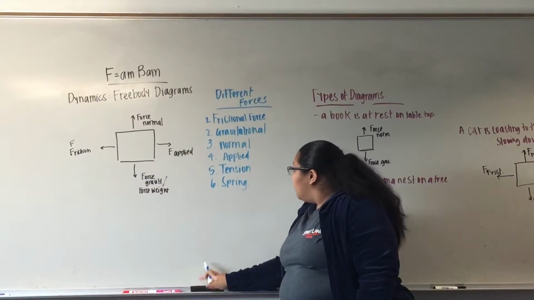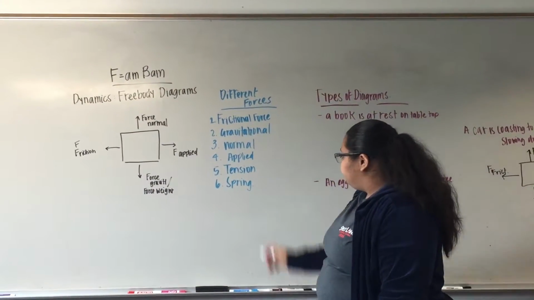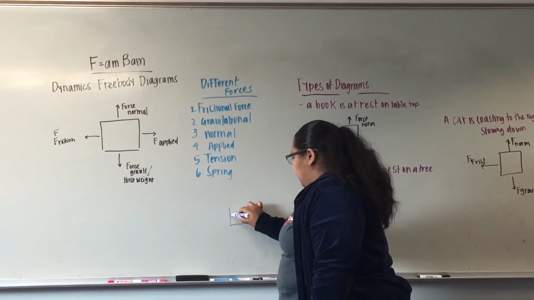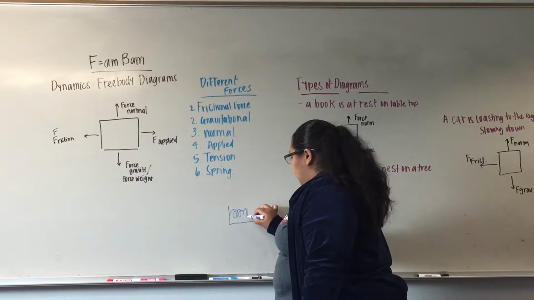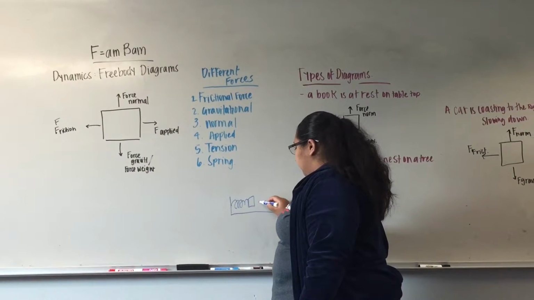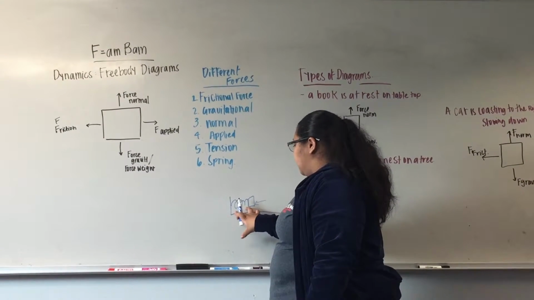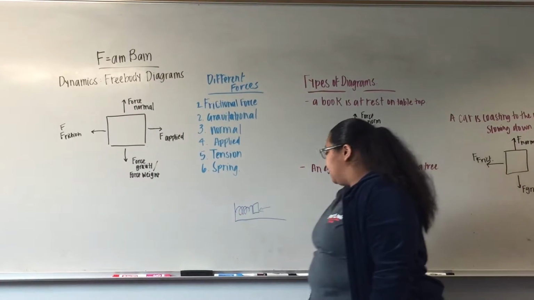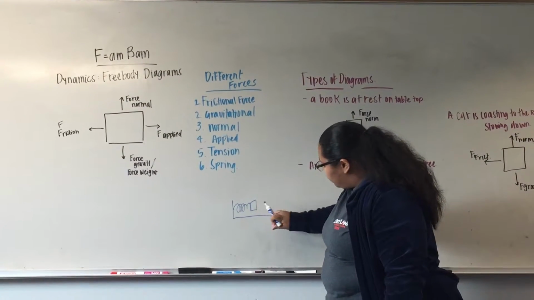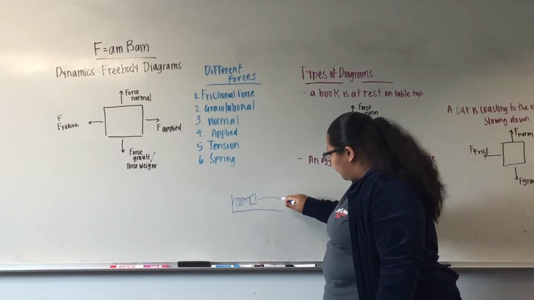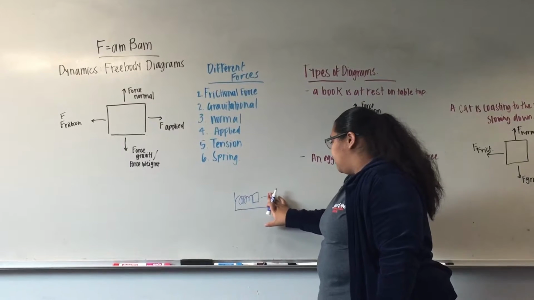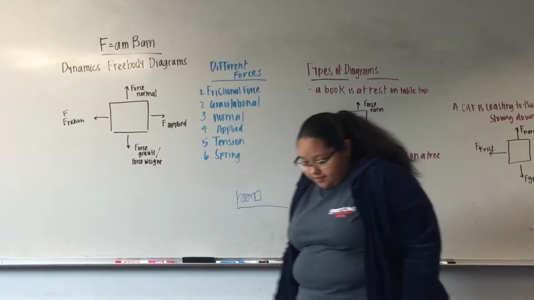And we also have force spring, which is whenever you have a spring constant and the object is being pushed, there's a force being done on the spring. And if you were to release it, the object will go this way, and the spring will also have a force impacting the object, pushing that way.